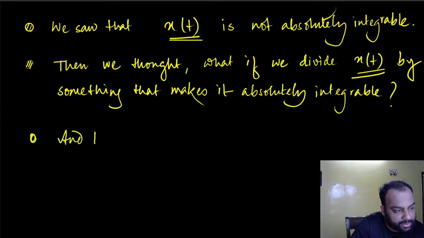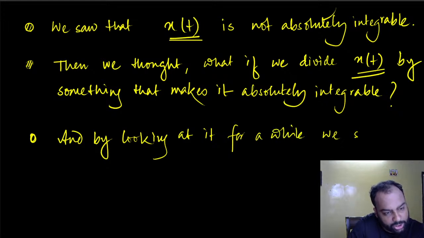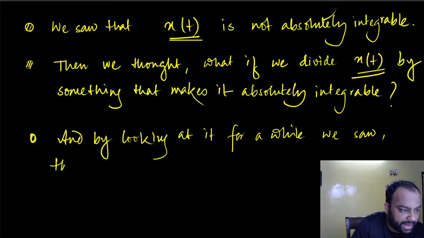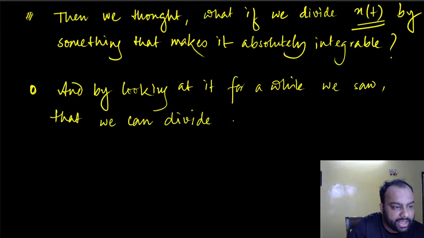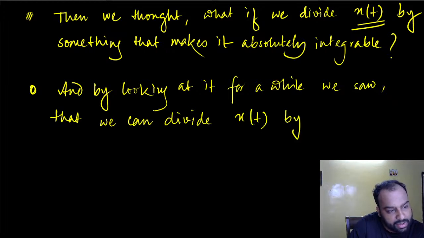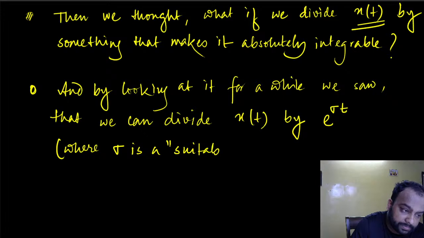And by looking at it for a while, we saw that we can divide x(t) by e to the power sigma t, where again sigma is a suitable real number.